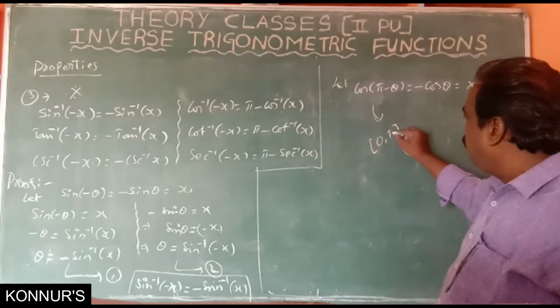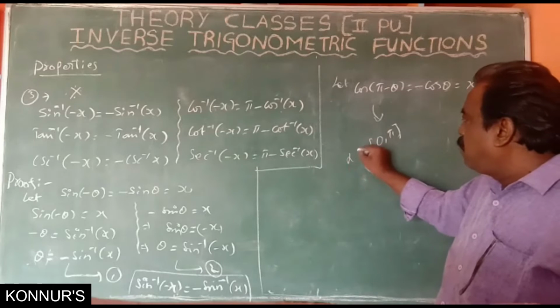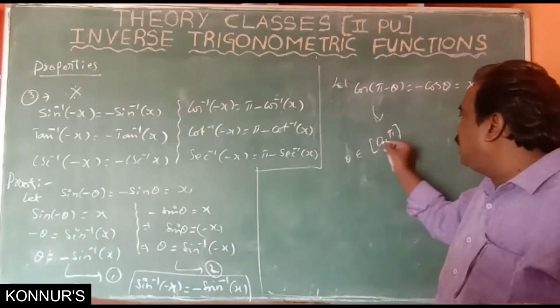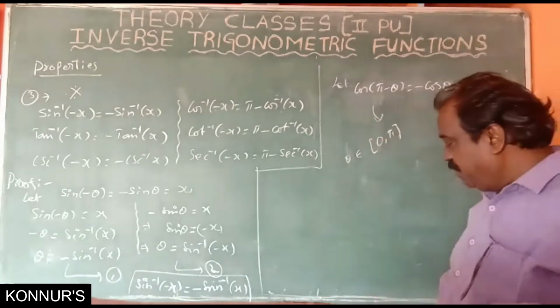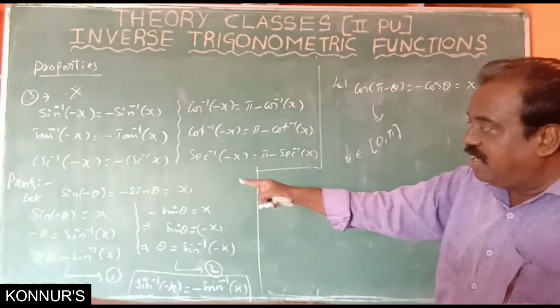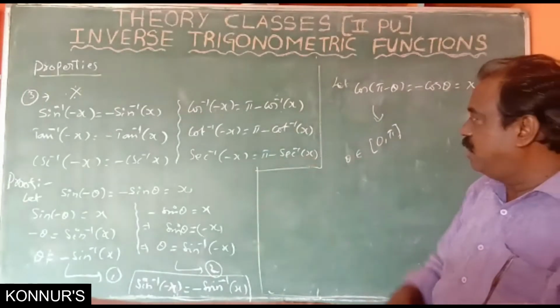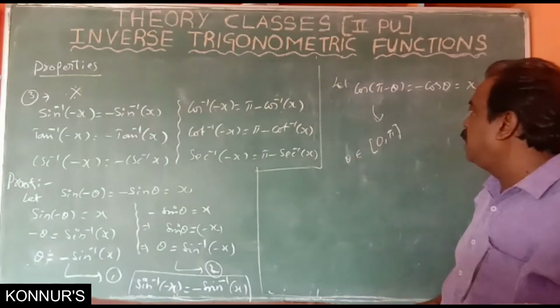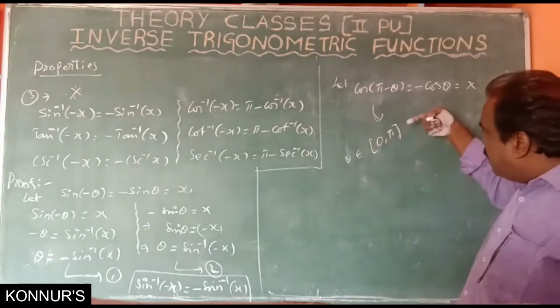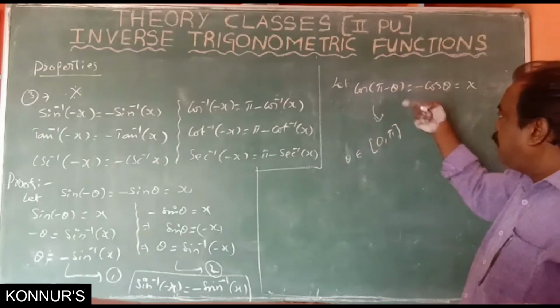Okay, now, open interval, many times I told you. Theta belongs to like that in the case of cos. In the case of sine it is minus 90 to plus 90. So here cos is related with the 0 comma pi interval. Pi minus theta means less than pi.